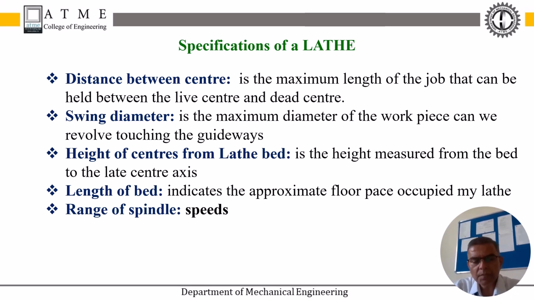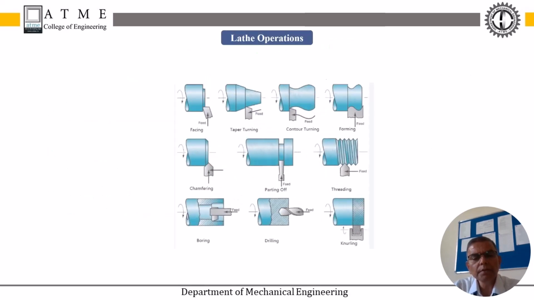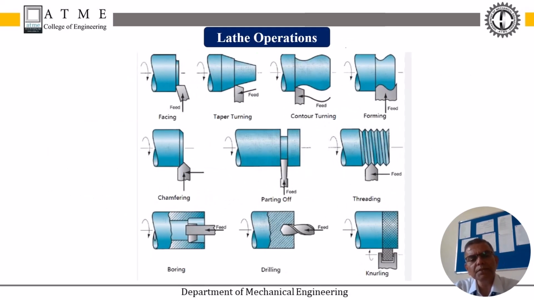So, right. Now the various operations which can be performed, as I already told you, because the lathe is a versatile machine, because of the many operations like the facing operation, plane turning operation, among them the rough turning and finish turning operation, the contour turning, that means forming, profile turning and parting, the chamfering, thread cutting, including drilling, boring, and the grinding.